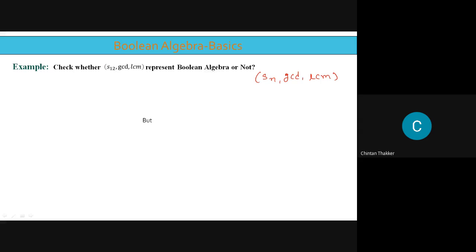In S12, do all elements have a complement, or does there exist any element which does not have a complement?